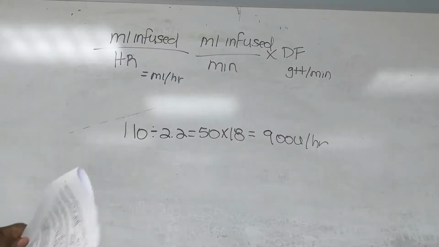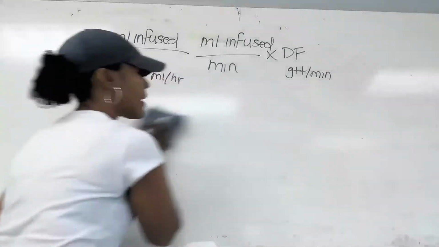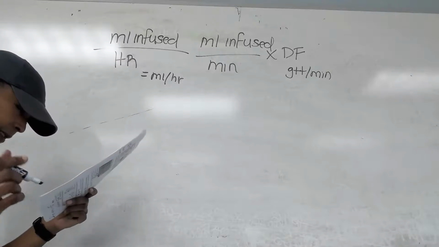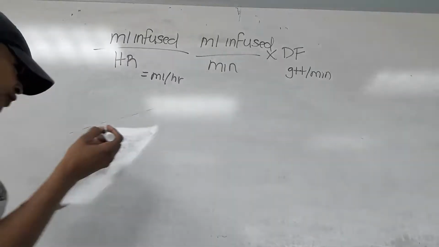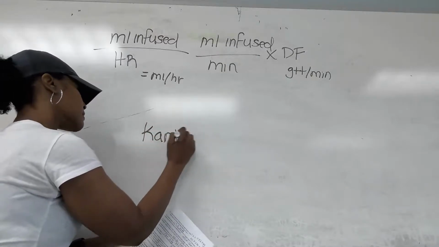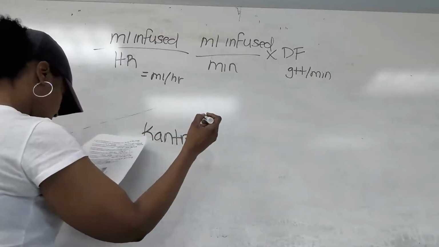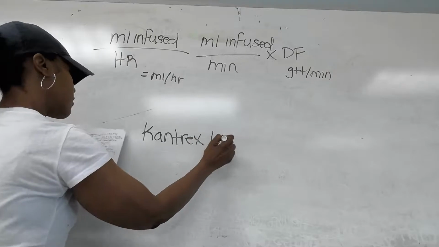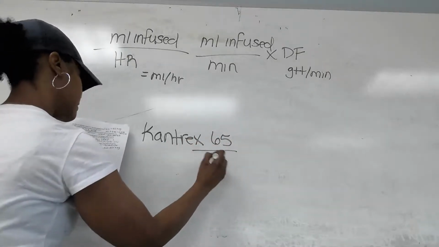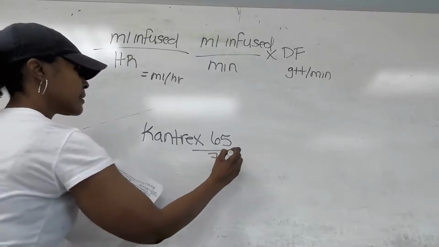All right. We're almost done, folks. Number 37 is pretty simple. Cantrex, 65 milligrams is what's ordered. What you have on hand is 75 per what?